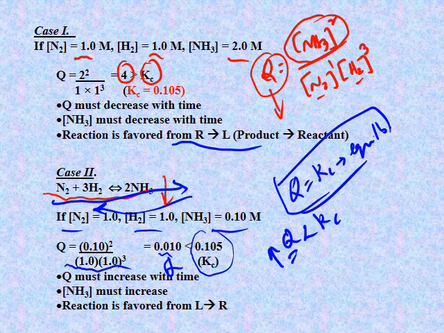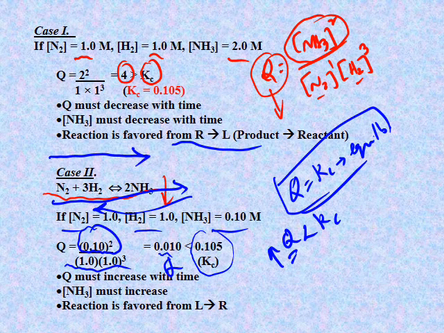So Q must increase with time, and you already know the definition of Q. The top number in this case is the product, so Q going up means the top number has to go up. That means product concentration has to increase. Product concentration can only increase when the reaction is happening favorably from left to the right.